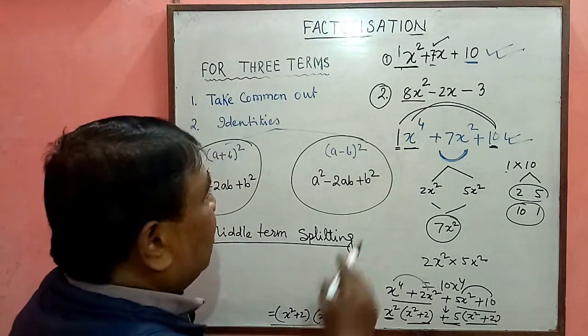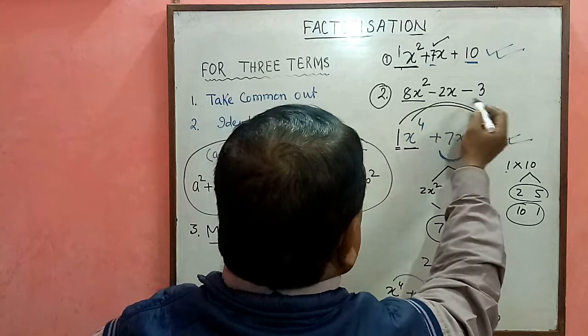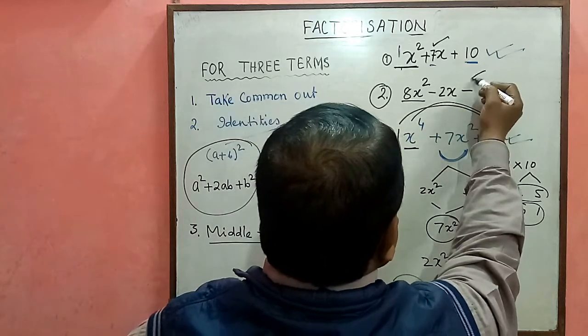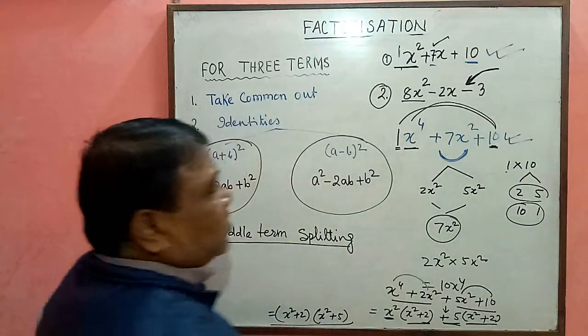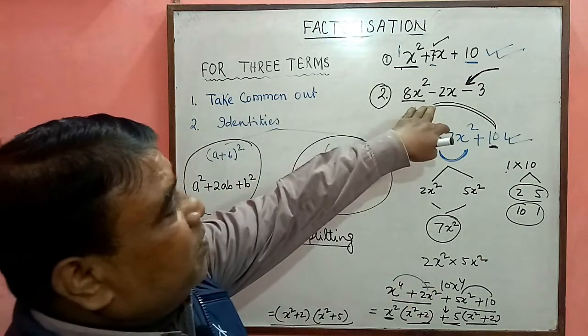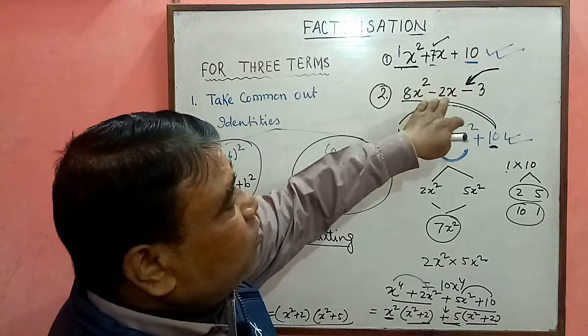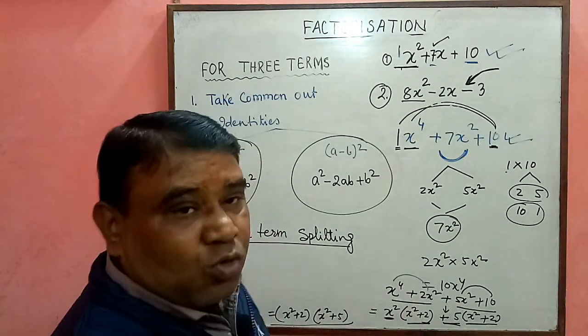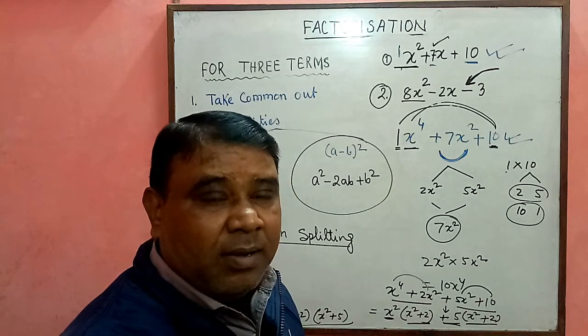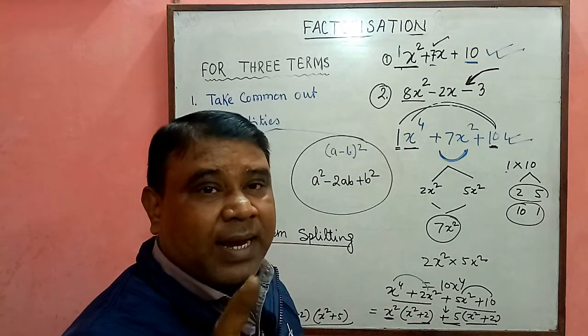Okay, next. Here 8x square minus 2x minus 3, this is your negative. If this term is negative, definitely for splitting the middle term, we have to go with subtraction, not addition. Because two different signs will give us negative.